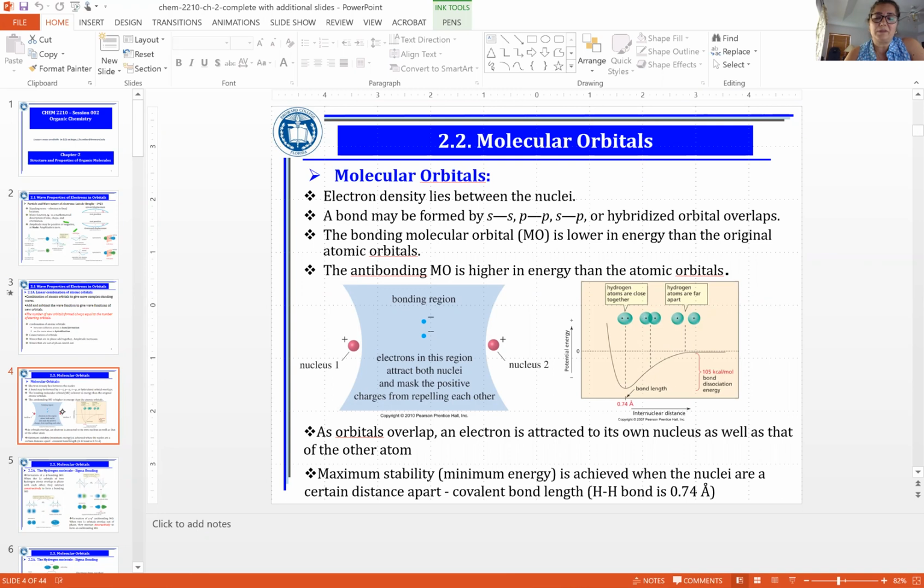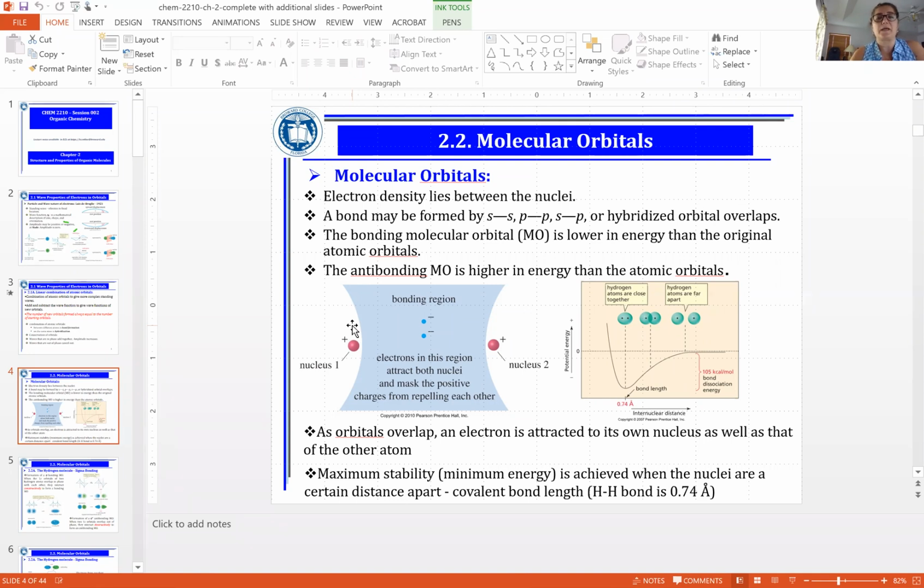Since we're talking about hybridization, which is the combination of atomic orbitals for one element, one atom, we need to know about the behavior of the atom and the electrons, basically. So these are some of the electron configuration and all that, how overlap of atomic orbitals is helping us to get the molecular bond or the molecular orbital.